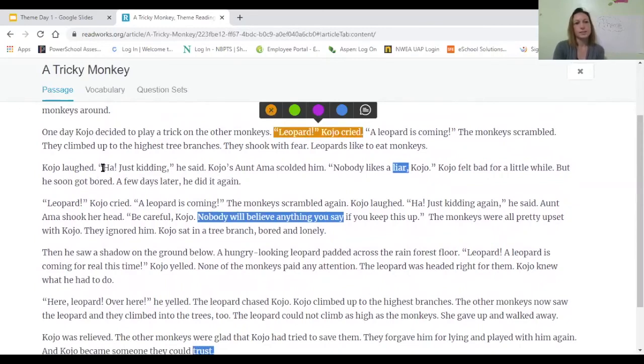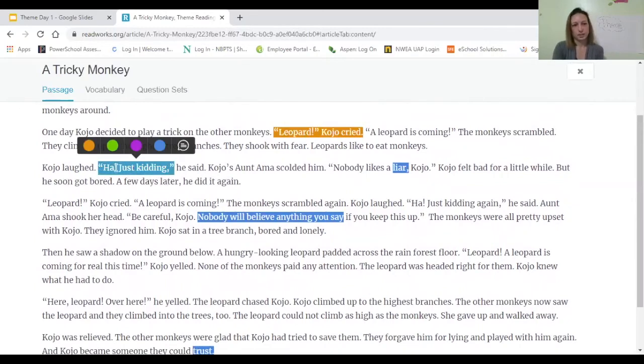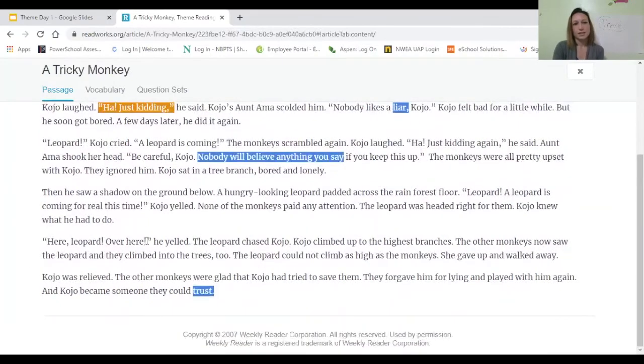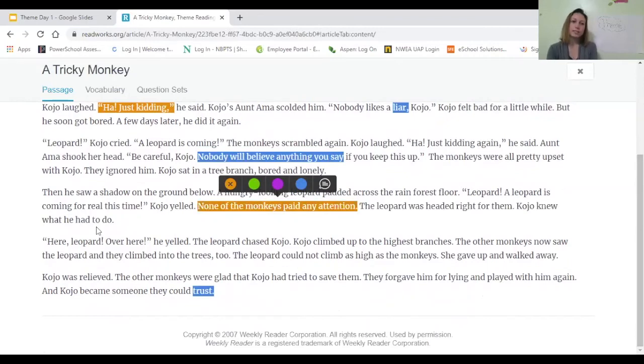And then he says, just kidding. And then he says, leopard for real, but none of the monkeys paid any attention. So our conflict in here is that Kojo keeps yelling leopard when there isn't really a leopard. And then nobody believes him when he does say it.